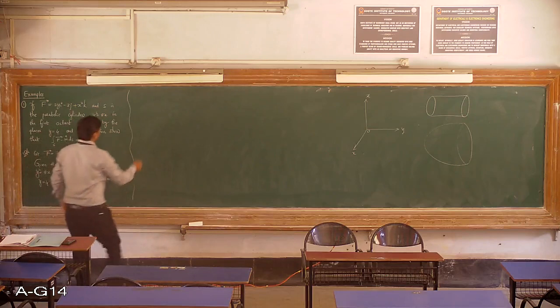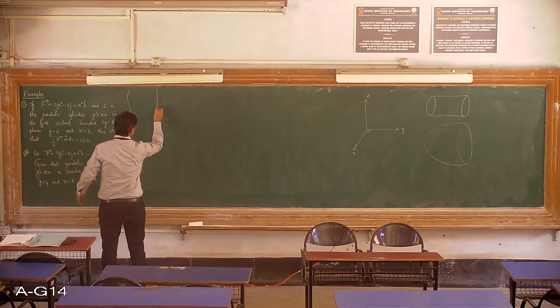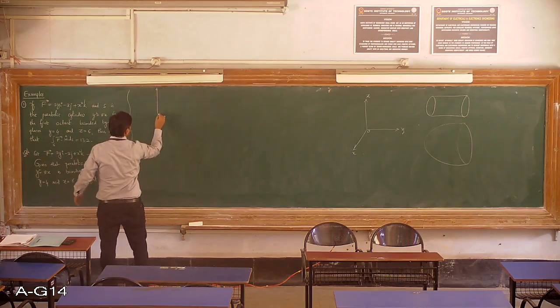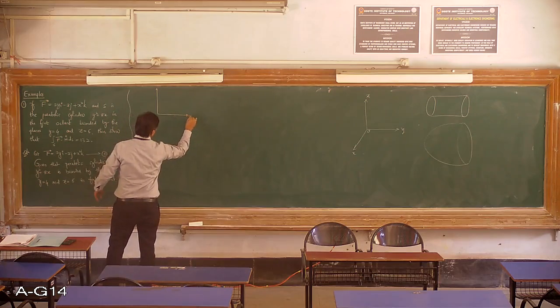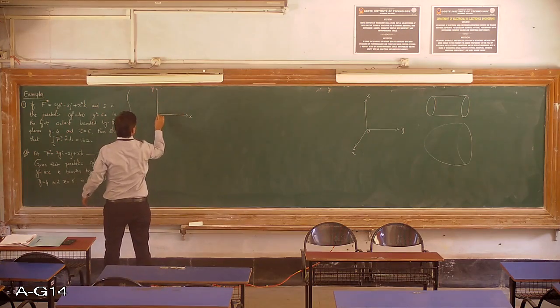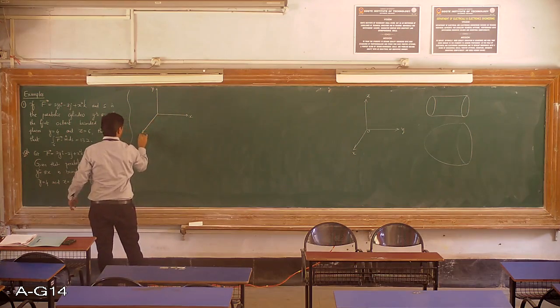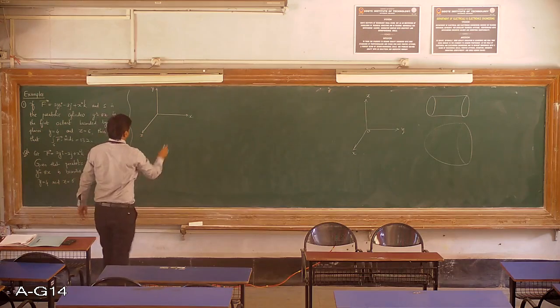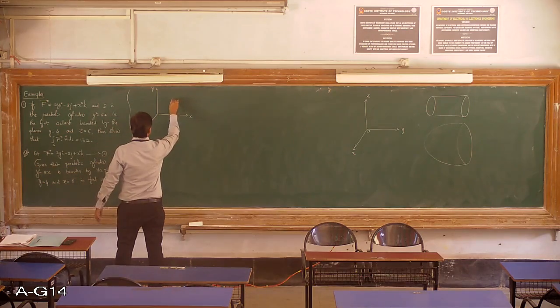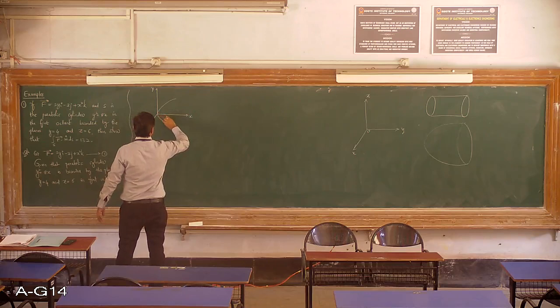So here I will try to draw it. I take this one as x, this one as y, and this one as the z axis, and the parabola will be like this.